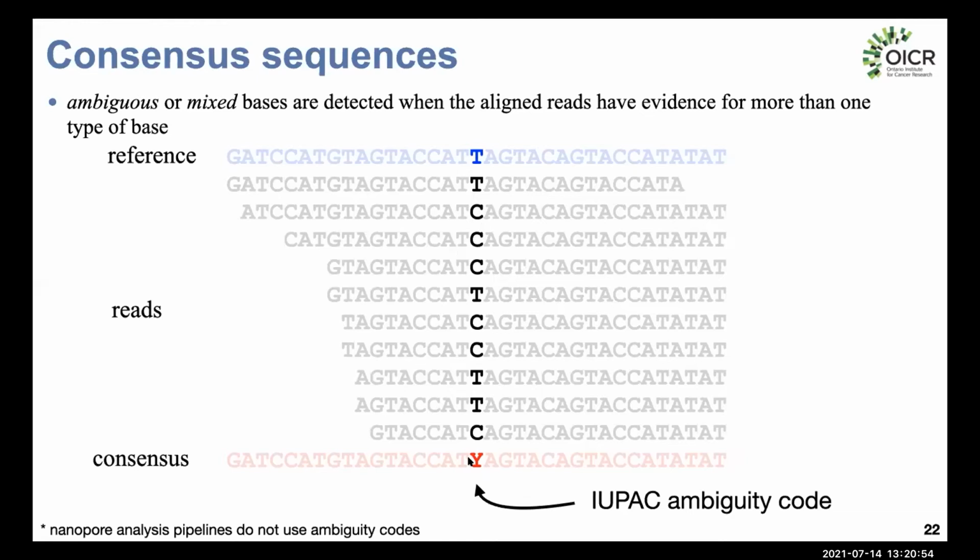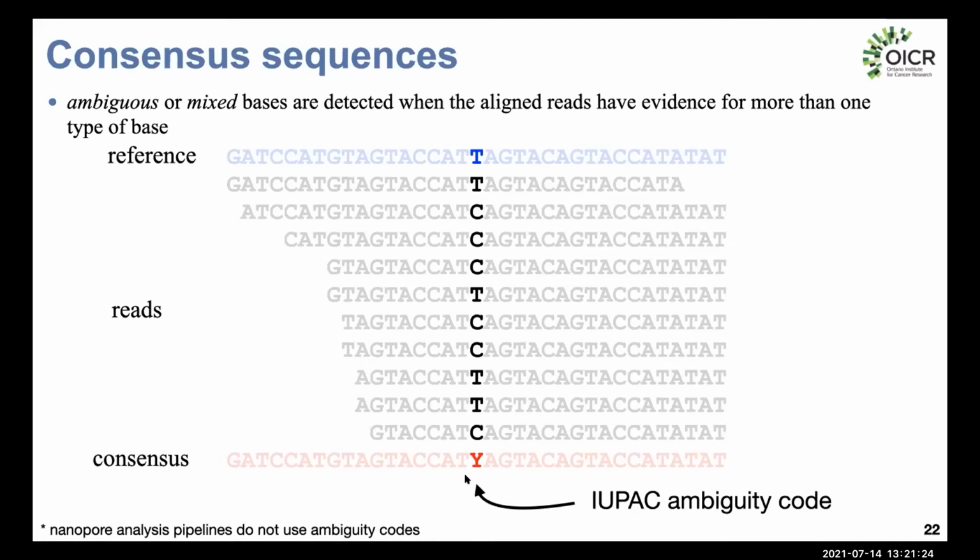Now, when you're processing Illumina data, the pipelines will annotate these positions using what we call IUPAC ambiguity codes. These are extended nucleotide representations which flag positions that might have more than one possibility. So in this example, we put the IUPAC ambiguity code Y into our consensus sequence, as that's the ambiguity code that indicates a C or a T at that position.